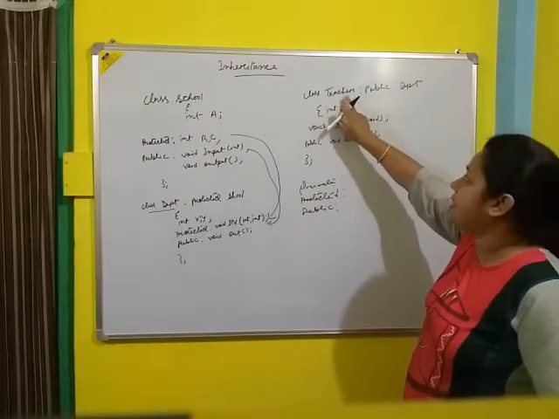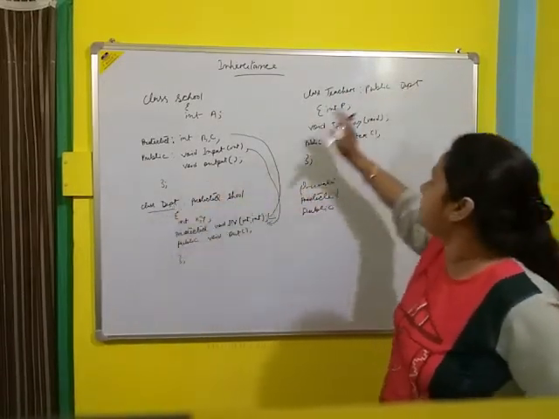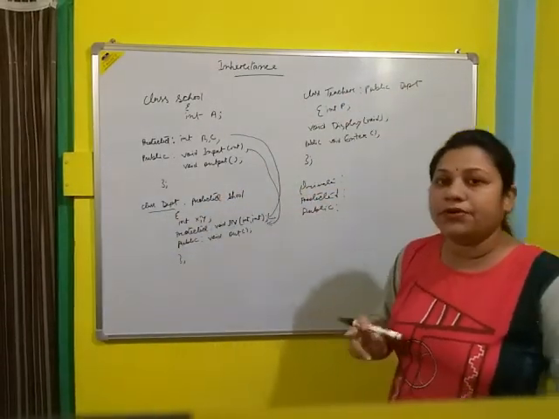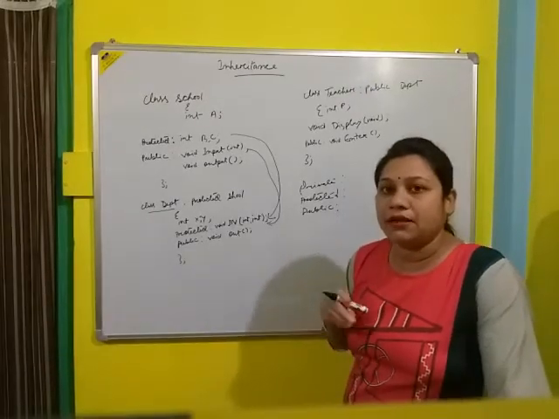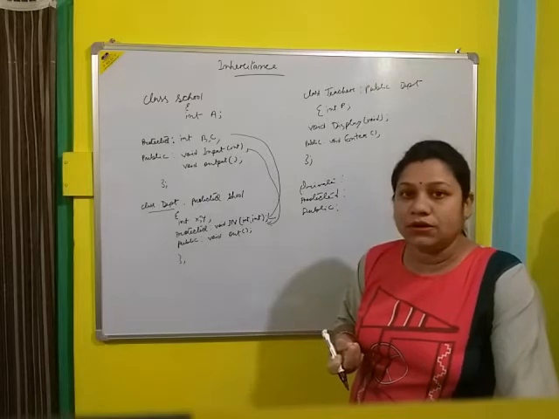Next, look at the class. We have another class, teacher. Then the teacher class inherits the department class in public mode. Now do you remember what will happen if you inherit the base class in public mode?